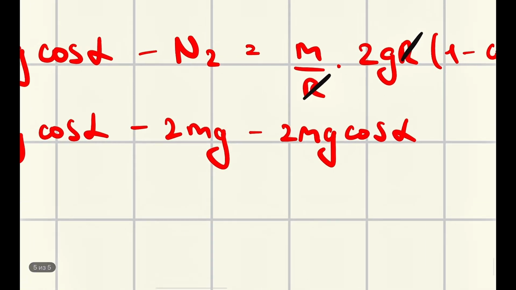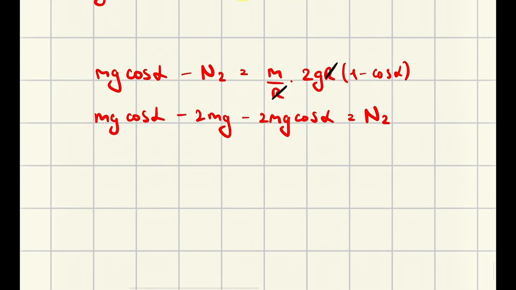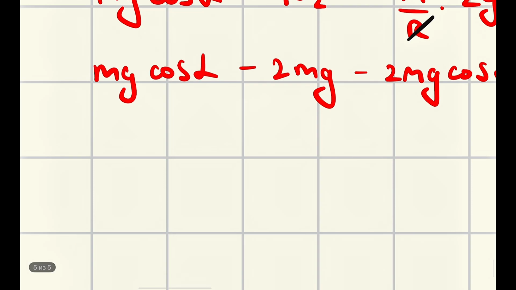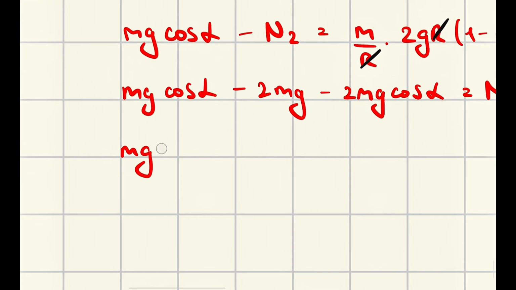And that side would be just N2. Good. And as you can see here, we have a common factor of mg. So I shouldn't have moved mg. That's not a problem, to be honest. We just take mg from here. This would be cosine alpha, and what? Oh, no. This was correct.